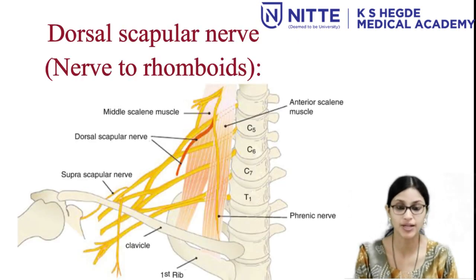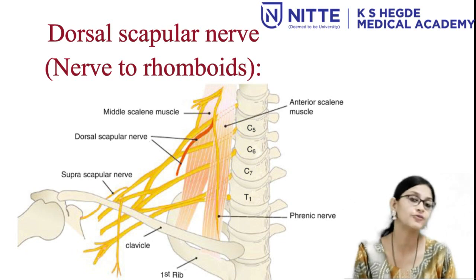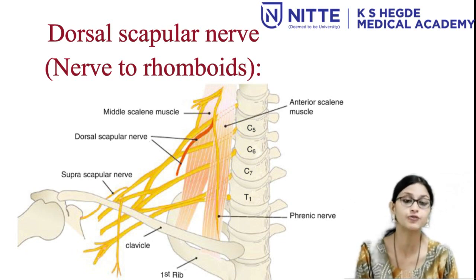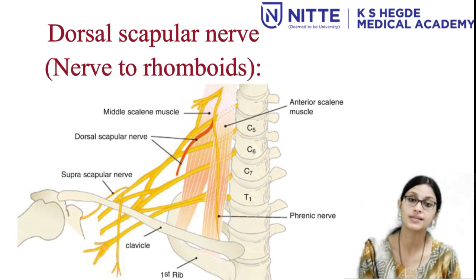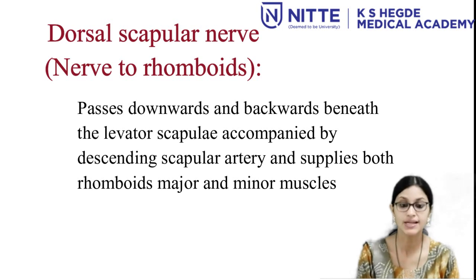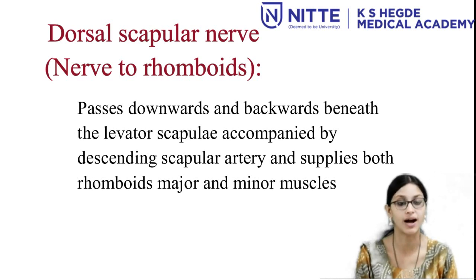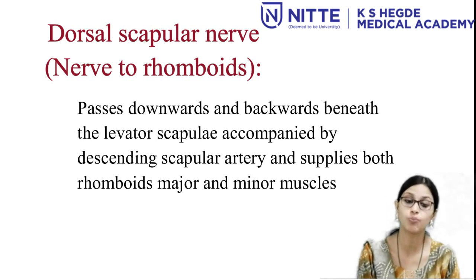Coming to the dorsal scapular nerve now, this nerve is also called the nerve to rhomboids, and this nerve pierces the scalenus medius, passes downwards and backwards beneath the levator scapulae, accompanied by the descending scapular artery, and supplies both the rhomboid major and minor muscles.